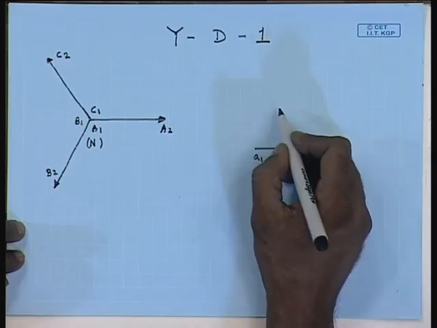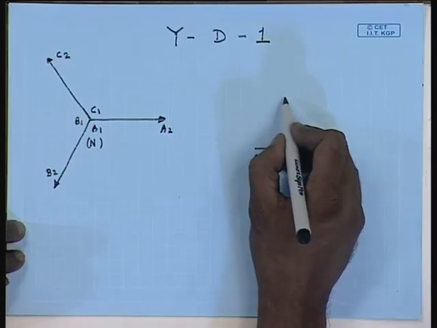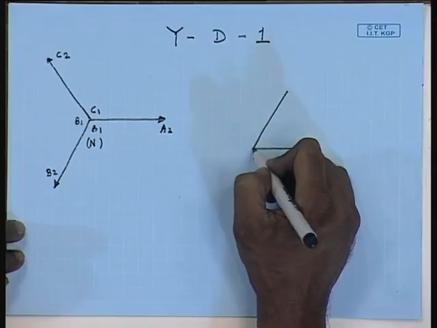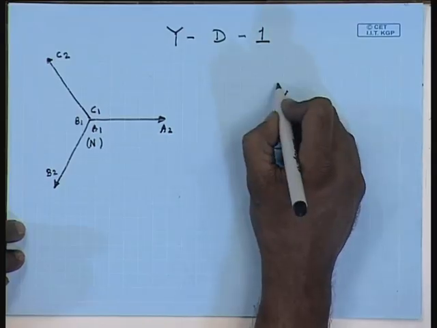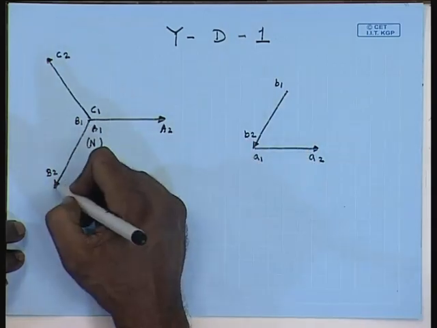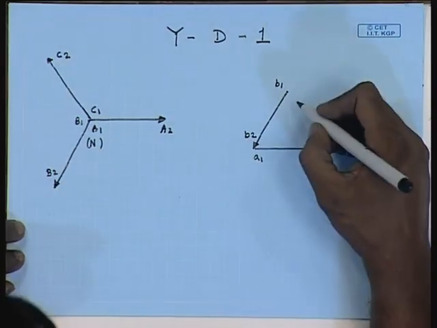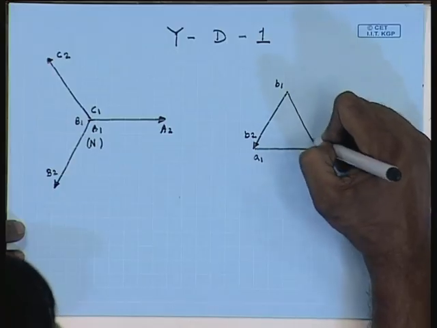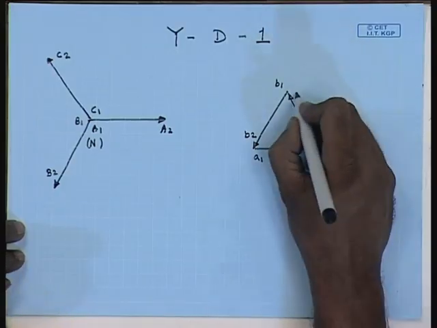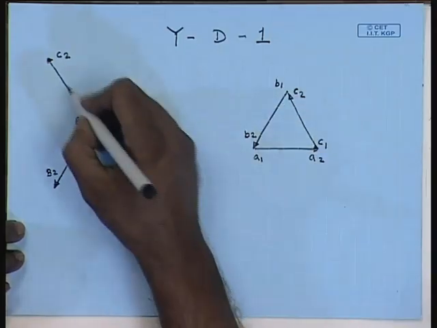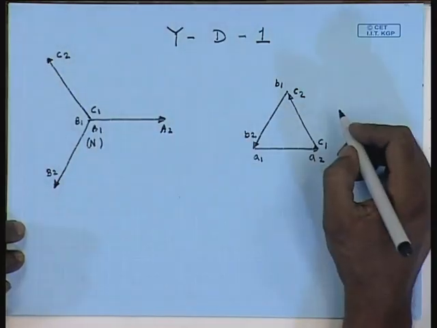We also have voltage B1, B2, which is parallel to the high voltage side voltage B1, B2, and the voltage C1, C2, which is parallel to high voltage side C1, C2.